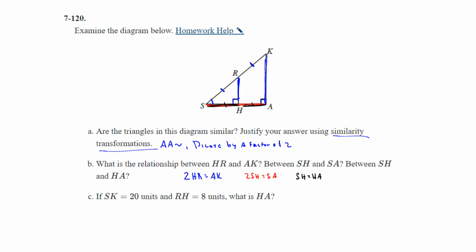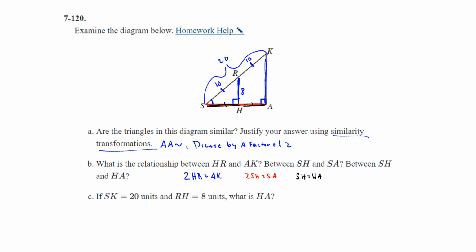Part C. If SK has a length of 20 units and RH is 8 units, what is HA? And so if SK is 20, then each individual part, since they are congruent, would be 10.